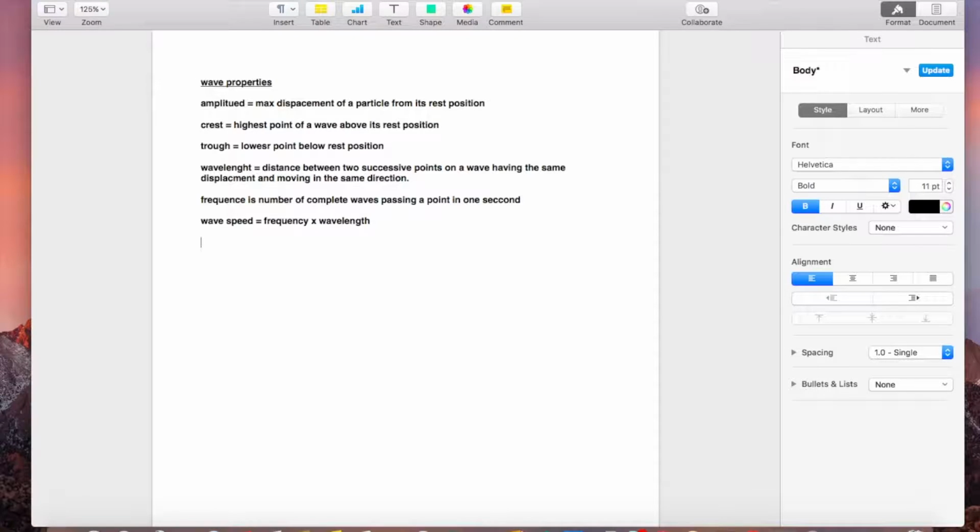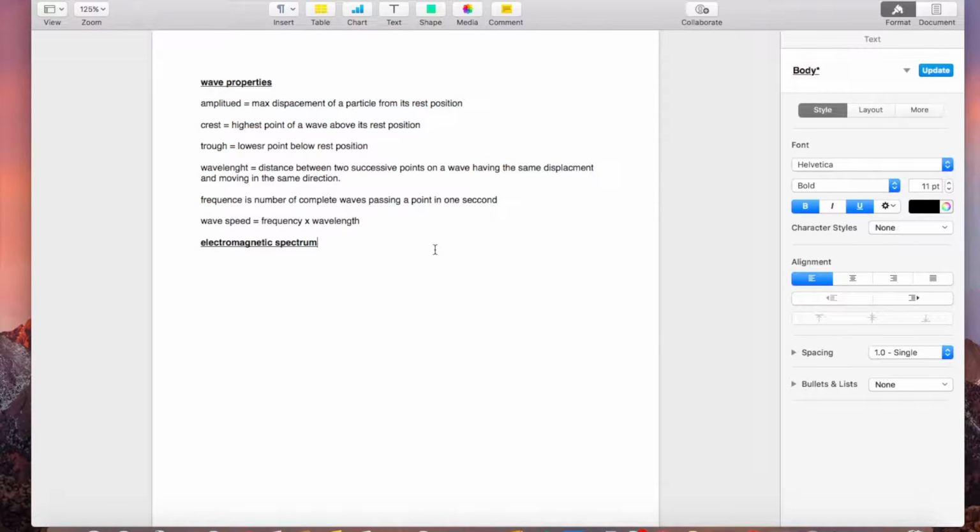The electromagnetic spectrum. So, increasing wavelength to decreasing wavelength.